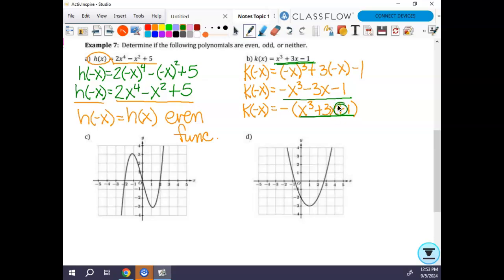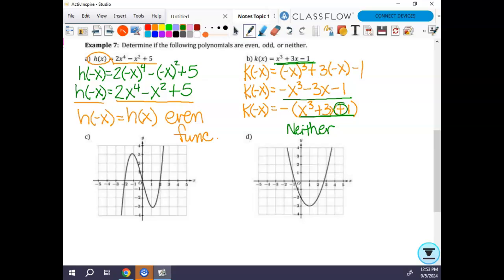If the answer was yes, let's say that this was a minus and they were identical, then k of negative x equals negative k of x. But this is not k of x. So this is going to be a neither situation. Okay? Everybody okay with that? You see how that works? What questions you got?